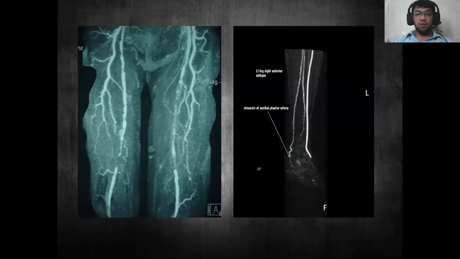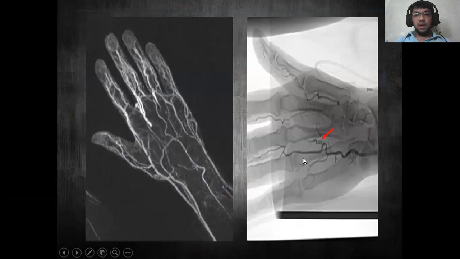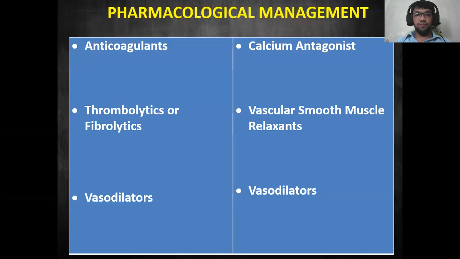These are angiographies. As you can see here, there are occluded blood vessels of the lower extremities brought about by Buerger's disease. This one now is for the hands. For Raynaud's disease, occlusions also are seen in the angiography.